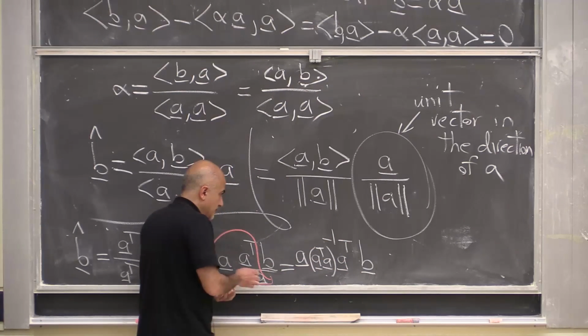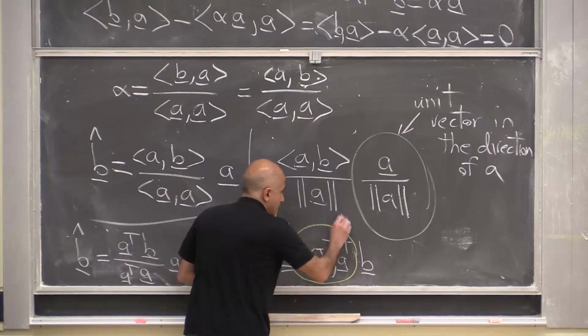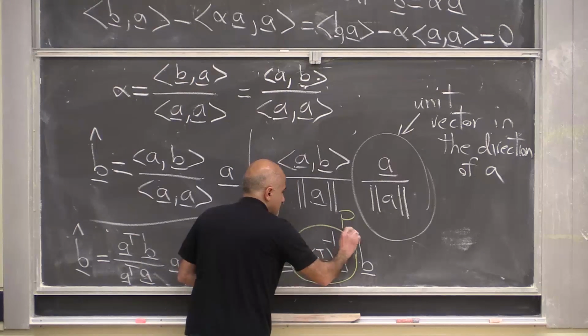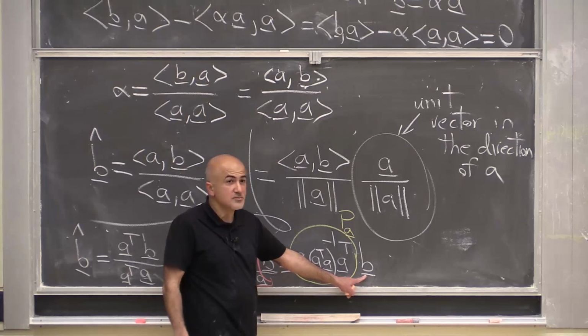And my claim is that when I look at this, this is a matrix that takes the vector B and does what to it?